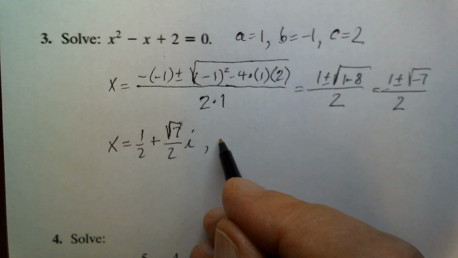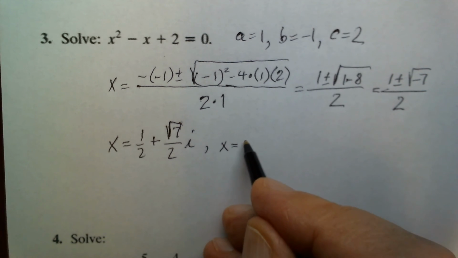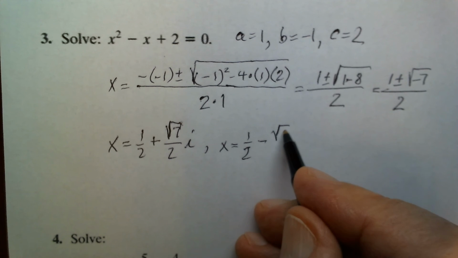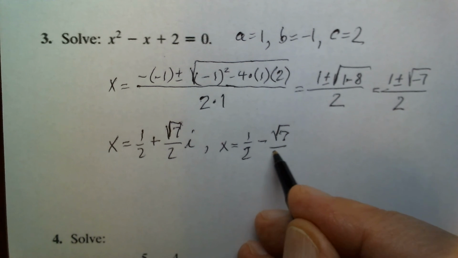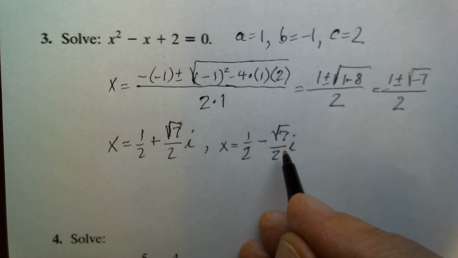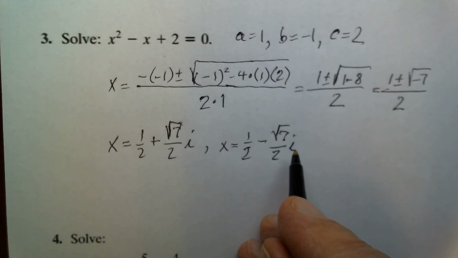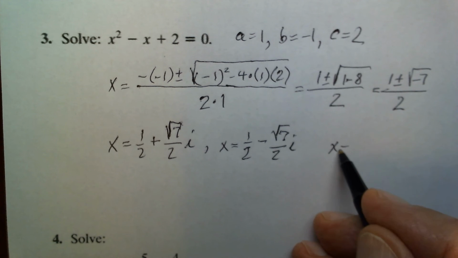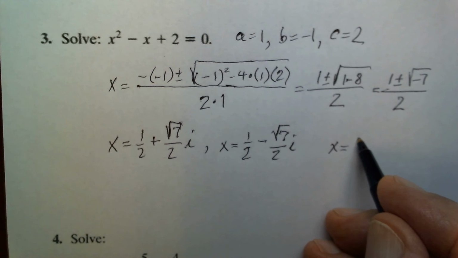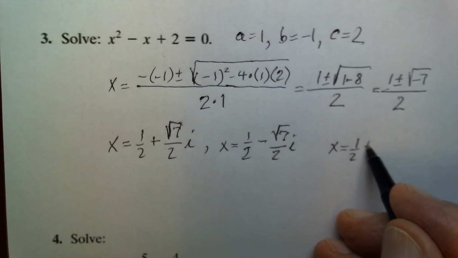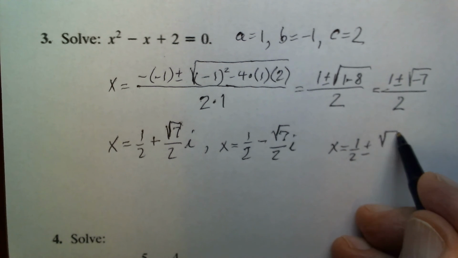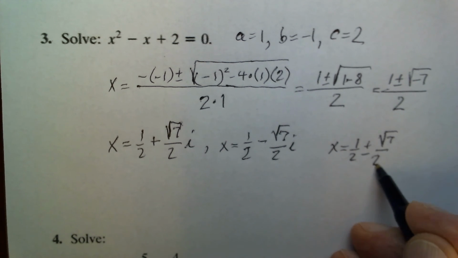And we have the conjugate, x equals 1/2 minus the square root of 7 divided by 2 times i. Or we can write x equals 1/2 plus or minus the square root of 7 divided by 2 times i.